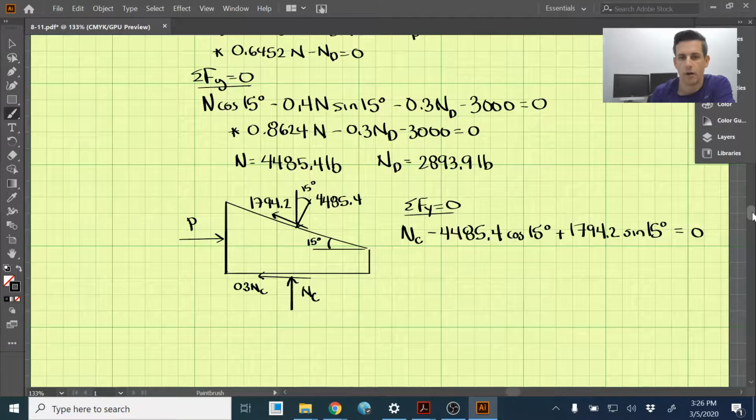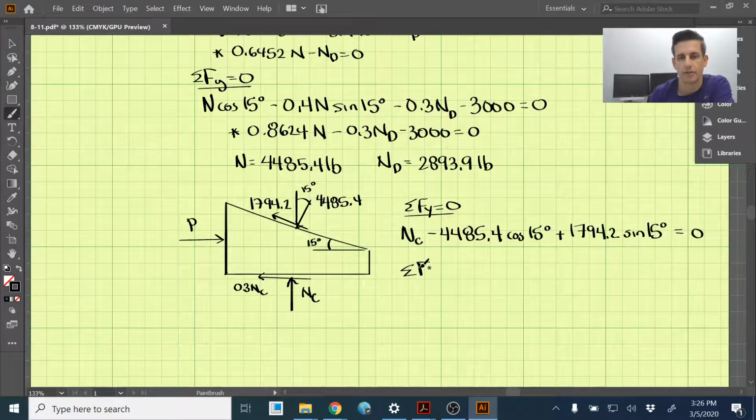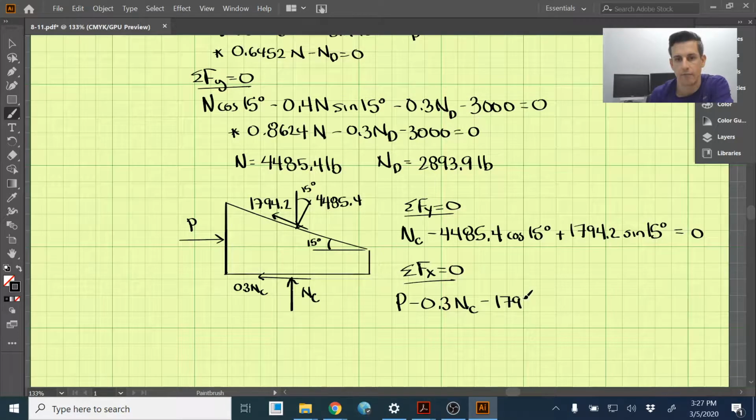Let's move on to doing the sum of the forces in the x direction. We have P, which is positive, and we have negative 0.3 times NC, and then we have a component of this one here, this 1794.2, and that should be negative 1794.2 cosine of 15 degrees.